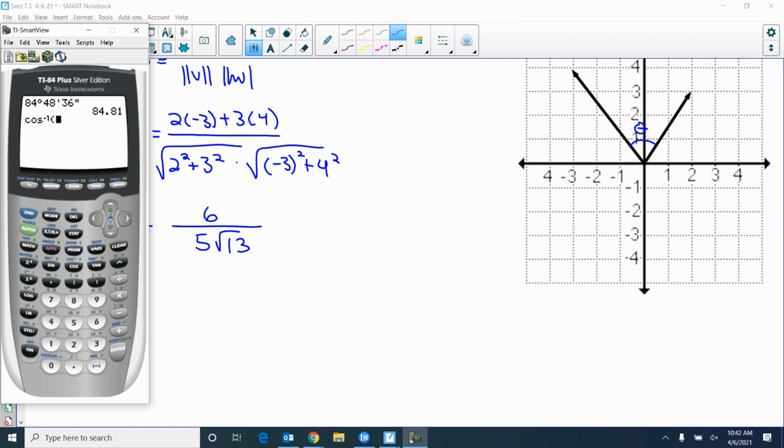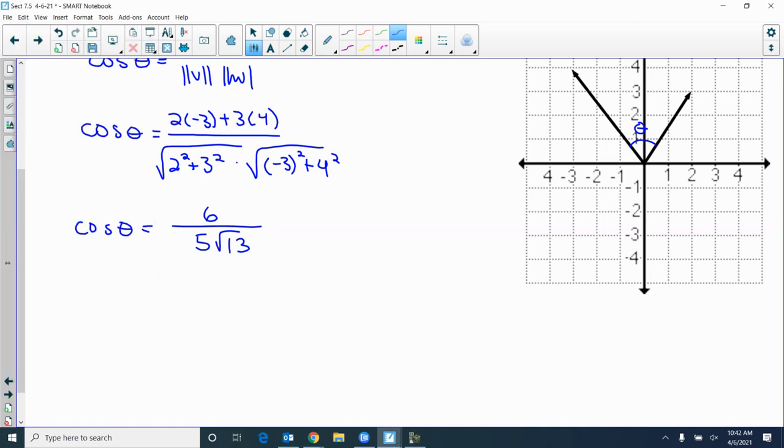Inverse cosine. 6 divided by, now mine doesn't do the little fraction thing, so I have to make sure I put the denominator in parentheses. And I got 70.56. So not bad. 70.56 degrees.